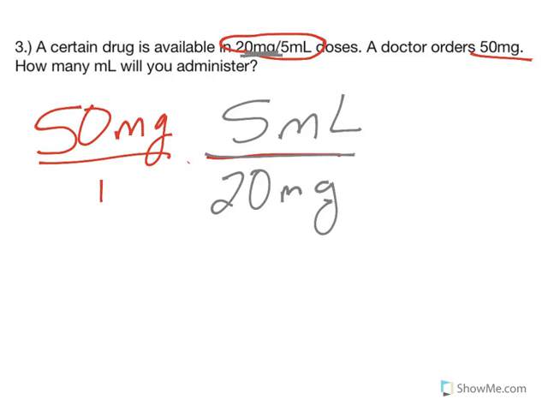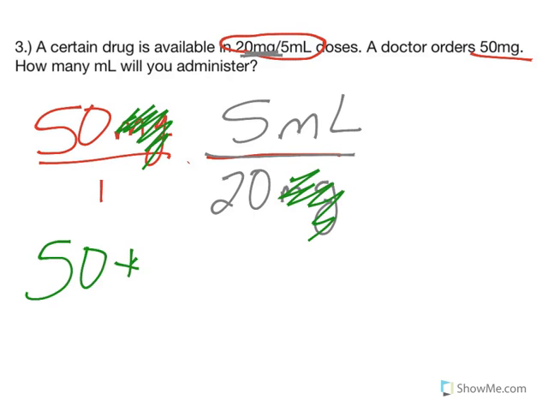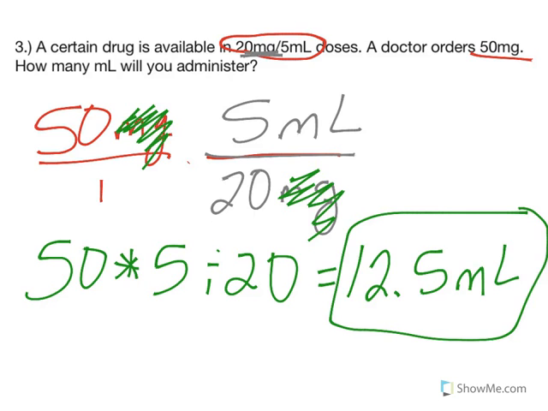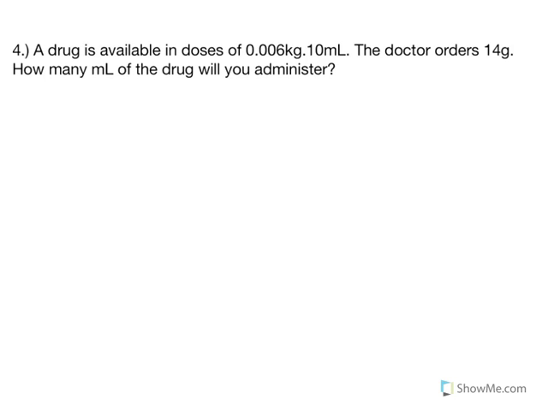And now my milligrams cancel out. So I'm going to take 50 times 5, which sits on top, but we also have a 20 on the bottom. So 50 times 5 divided by 20, and that should give me, if I did the math correctly, 12.5 milliliters.